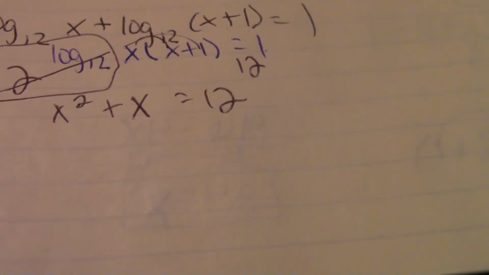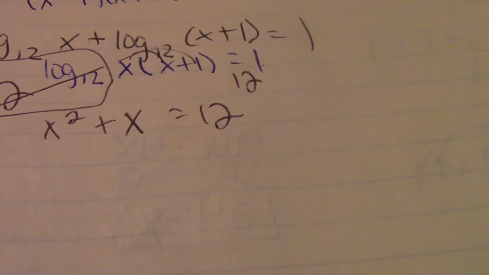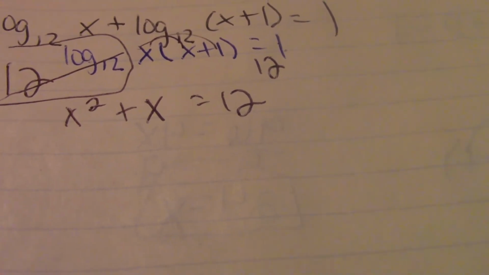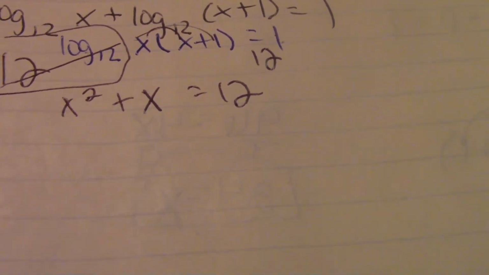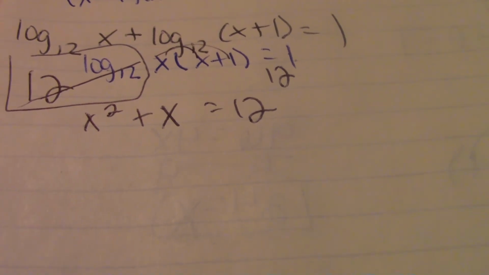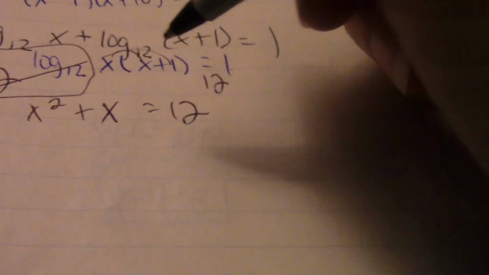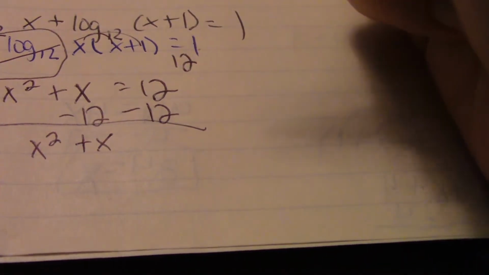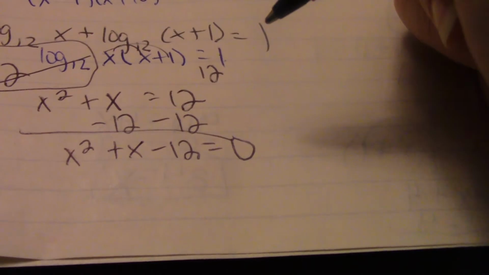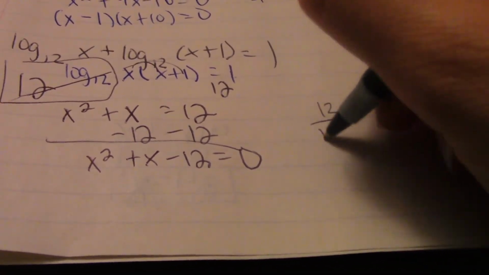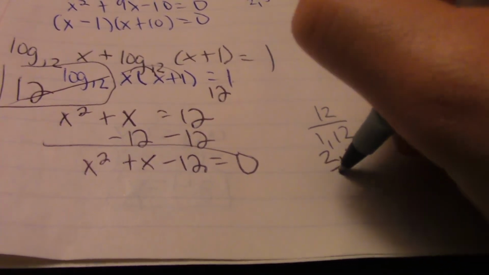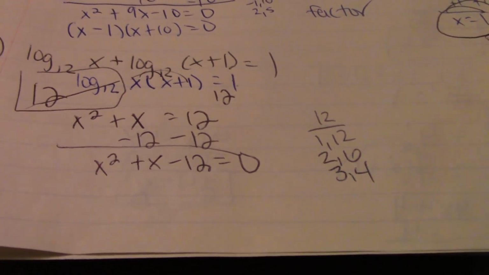I now need to solve for x by factoring, but I need to get it set equal to 0 first. So I need to move my 12 by subtracting. X squared plus x minus 12 equals 0. Remember, 12 is 1 and 12, 2 and 6, 3 and 4. How do I make a 1?